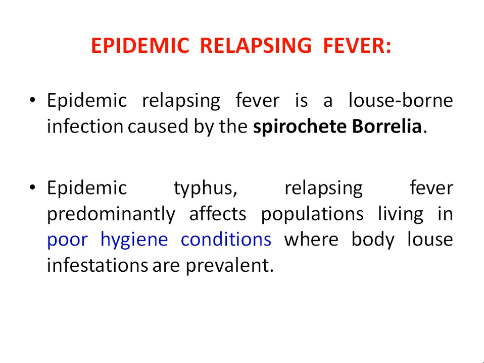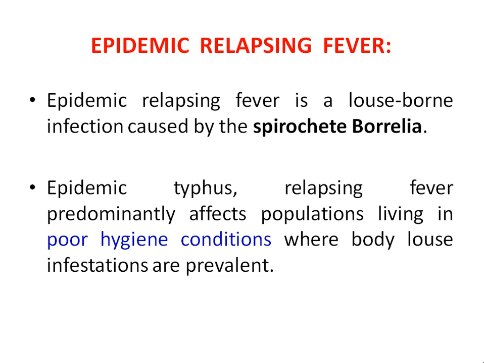Both epidemic typhus and relapsing fever predominantly affect populations living in poor hygienic conditions. Poor hygienic condition here refers to people living in slum areas where hygiene is very less.